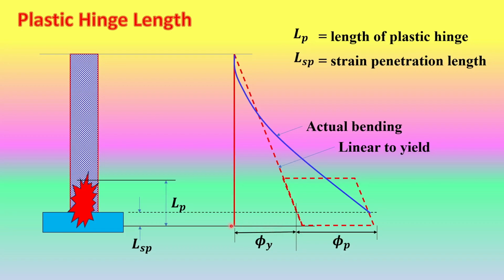At the yield condition, the curvature is the yield curvature, phi y. Beyond that, whatever curvature you get is the plastic curvature. This height is the plastic hinge formation in the member itself, and this height is the strain penetration length, LSP. The total length is the combination of these two, which is LP.